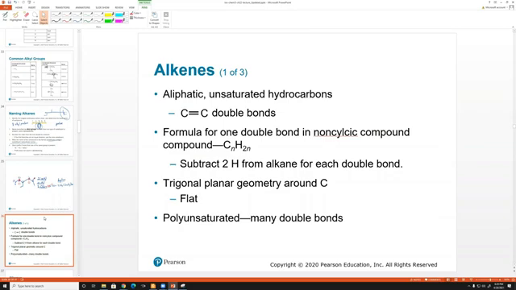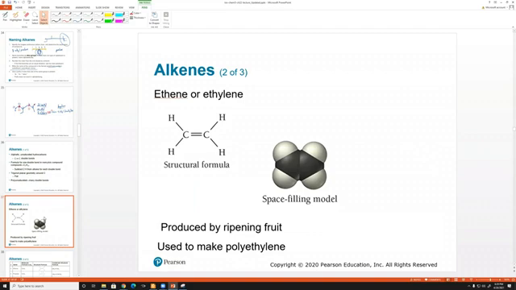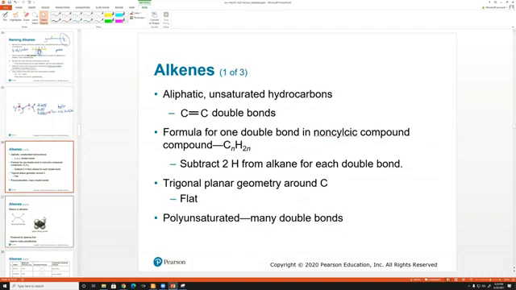Okay. So we talked about alkanes. Now we're talking about alkenes. So alkenes are the double bond form of alkanes, the unsaturated version. So the main formula would be CnH2n.